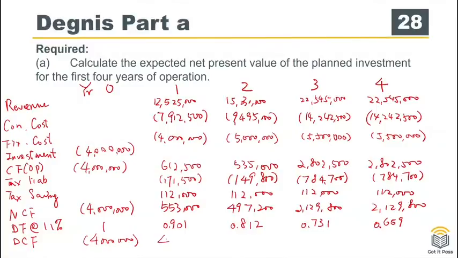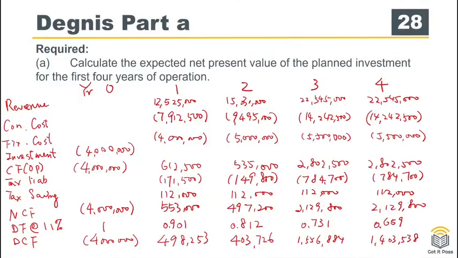Okay, you got 498,253, and for the second year is 403,726. For the third year it is 1,516,884. For the fourth year it is 1,403,538.